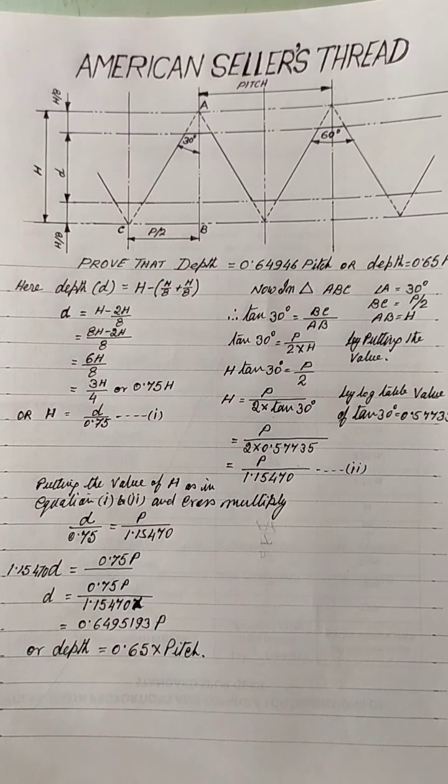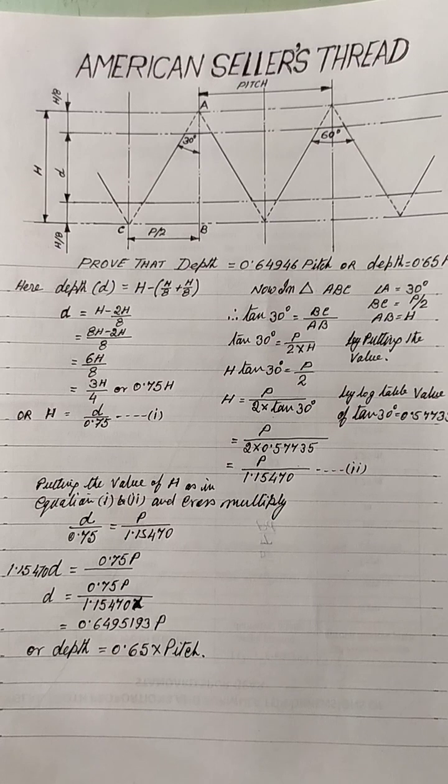Whenever we cut metric thread, BSW threads are always represented by TPI. BSW, BSF and BSP mean British Standard Whitworth thread, British Standard Fine and British Standard Pipe.